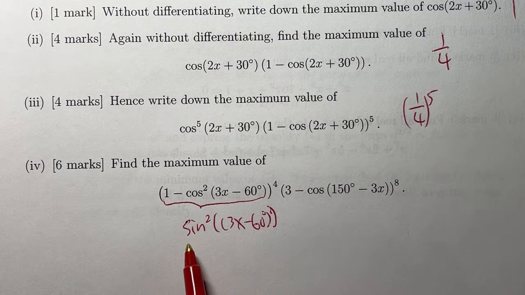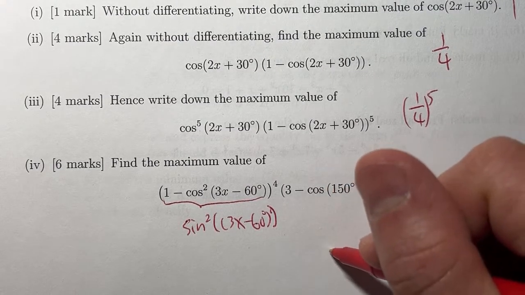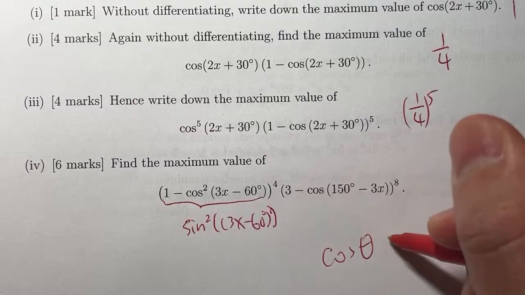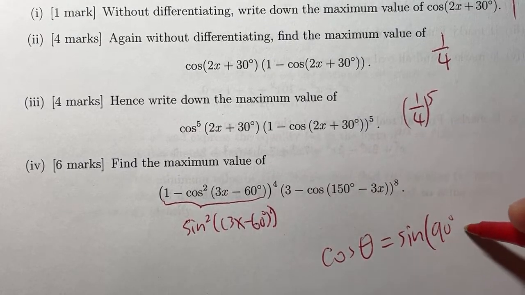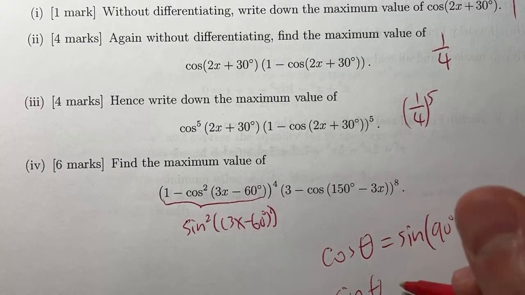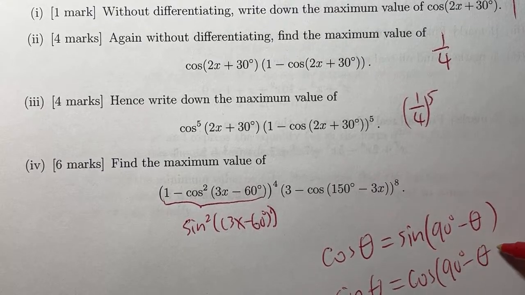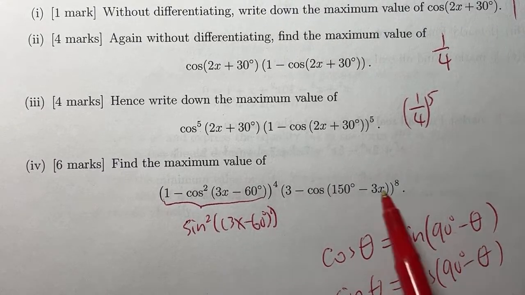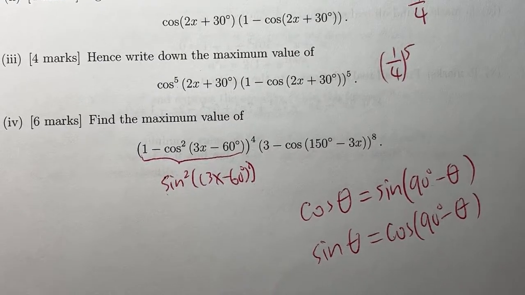Just have to remember the connection between sine and cosine. I'll write that down for you guys. You can say that cosine of an angle equals sine of, because they're using degrees, 90 degrees minus the angle. Or you can also say that sine of the angle equals cosine of 90 degrees minus the angle. But of course, we'll use the first one, because right here we have sine already. This right here should also be turning to sine, so that it's easier for us to work with.